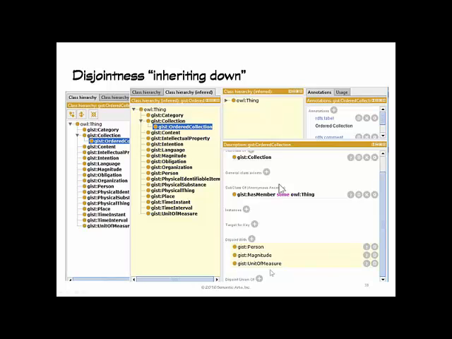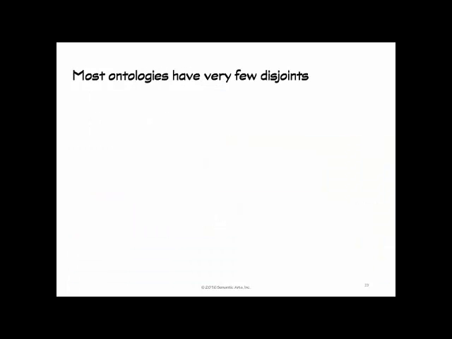We see nicely that the system has inferred that because ordered collection is a collection, it has inherited, essentially, that it's disjoint with those three things.